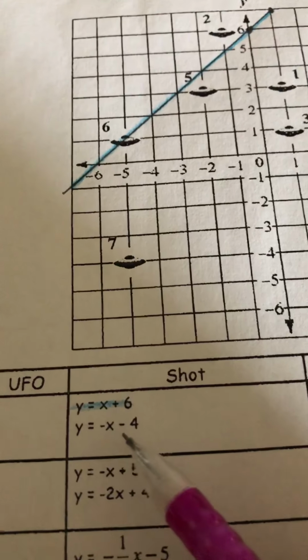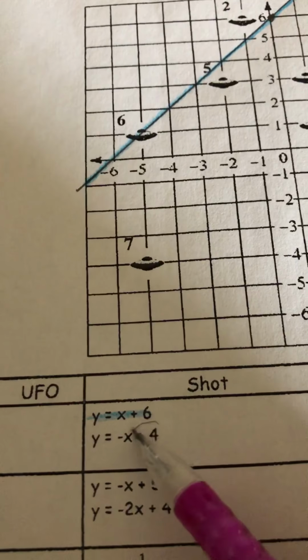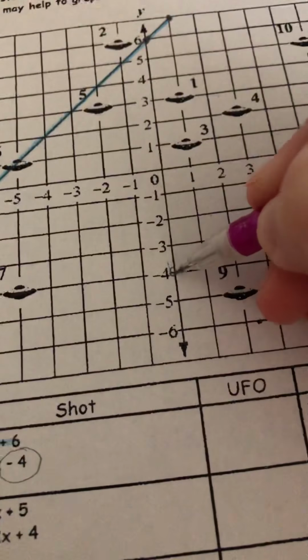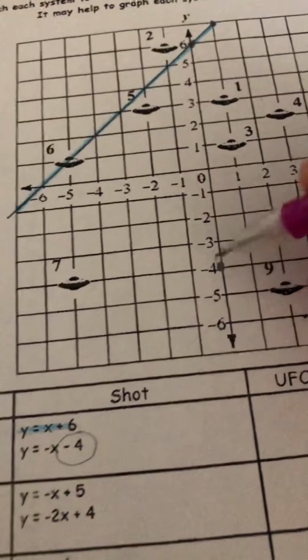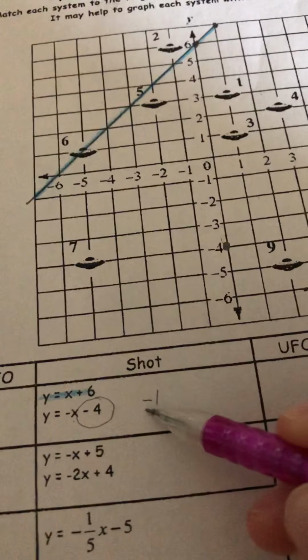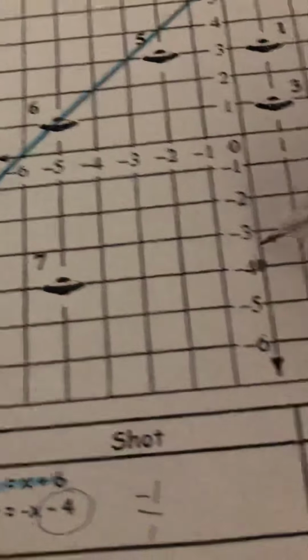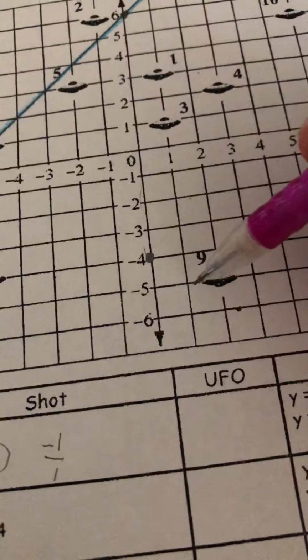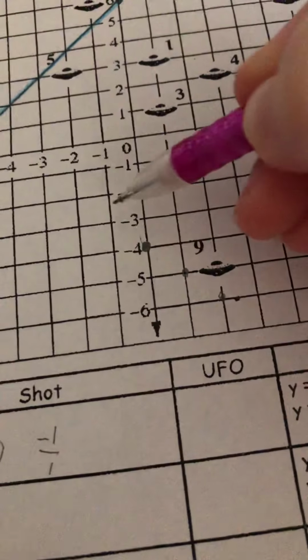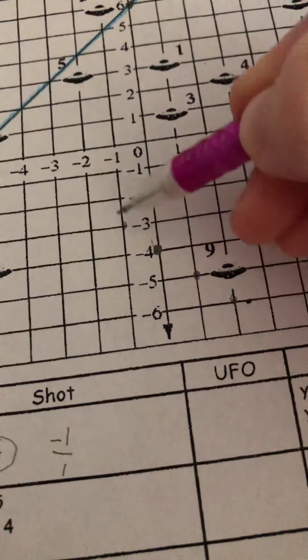And now I'm gonna graph the other line. So that's y equals negative x minus 4. So I graph my y-intercept, which is negative 4. And then I'm gonna graph my slope, which is negative 1 over 1. So I'm gonna go down 1 over 1, and I'm just gonna continue that slope, down 1 over 1, continue it up here.